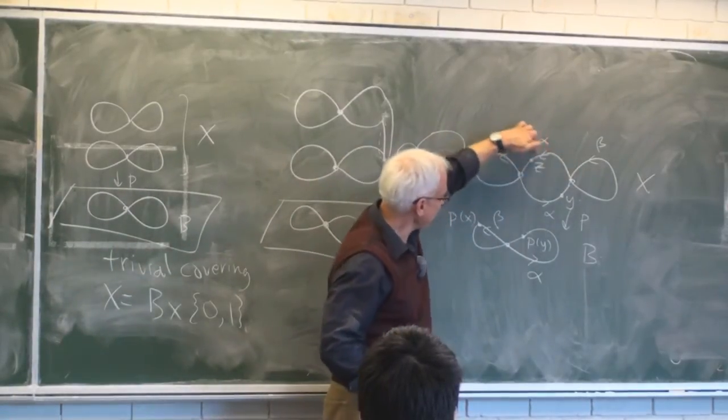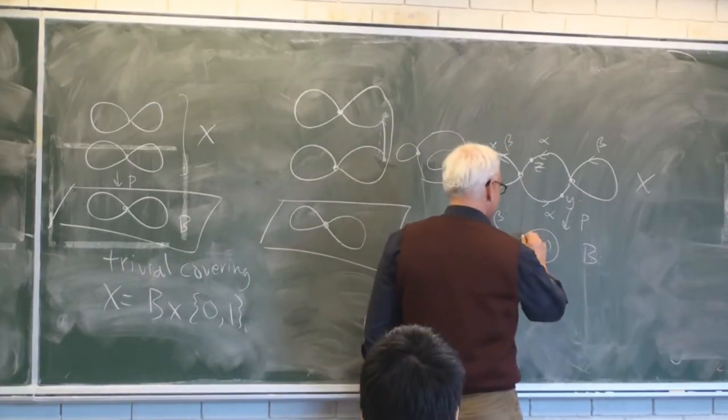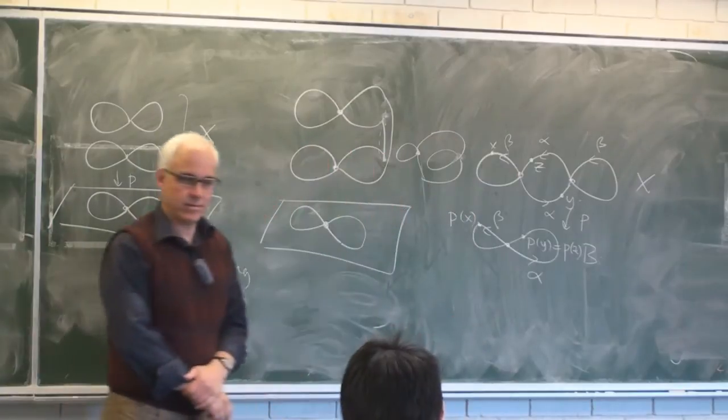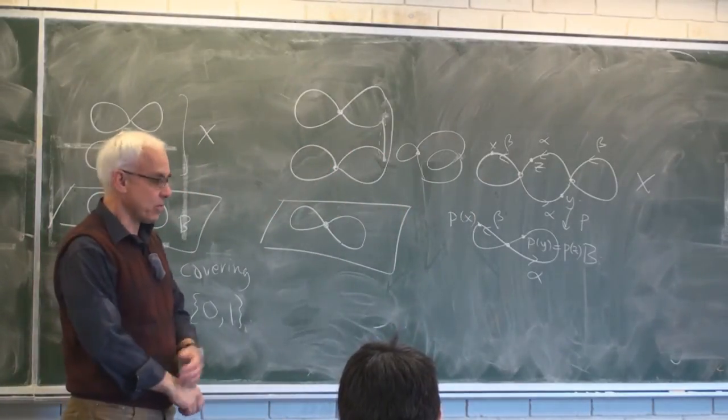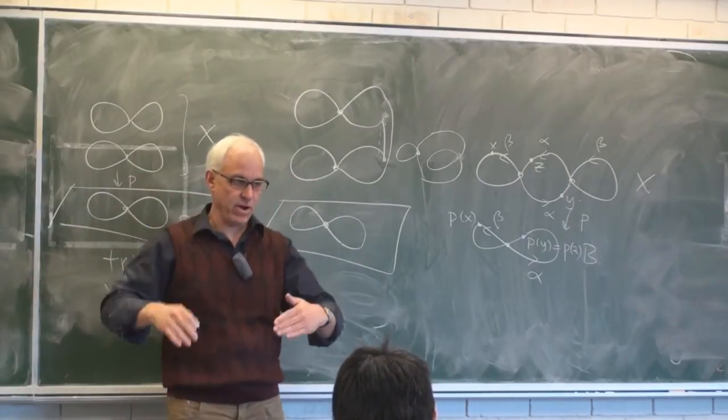It's also roughly 5/6 of the way along the alpha edge, so it would also be mapped to this point here. So we're going to use the orientations of these edges to prescribe the covering.